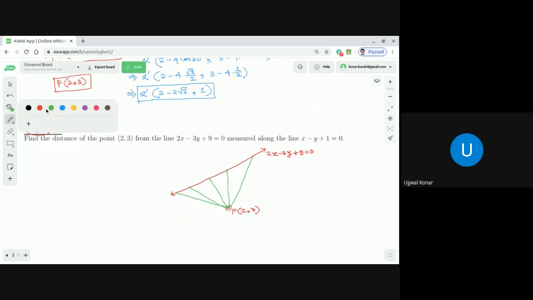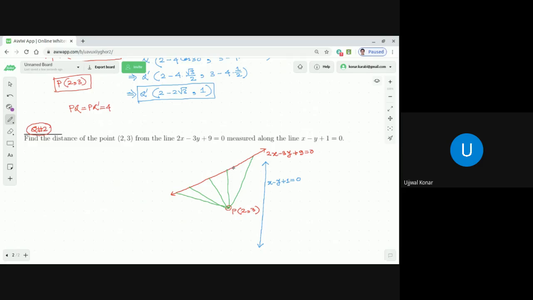Suppose we assume the straight line x minus y plus 1 equal to 0 is something like this, what I have drawn in blue color. That means it is parallel to this one. As I have drawn many green color straight line segments from the point 2, 3 to the straight line 2x minus 3y plus 9 equal to 0, among them we need to find the one which is along the straight line x minus y plus 1 equal to 0.